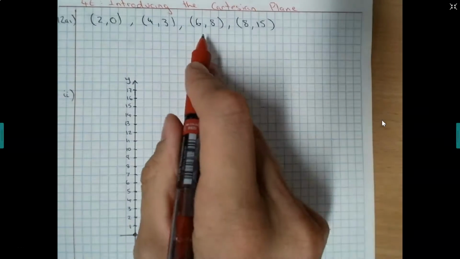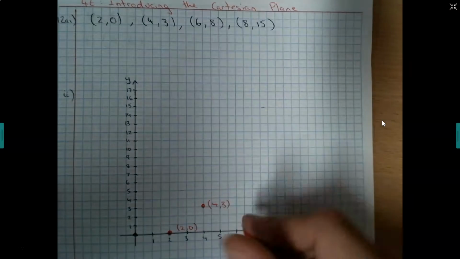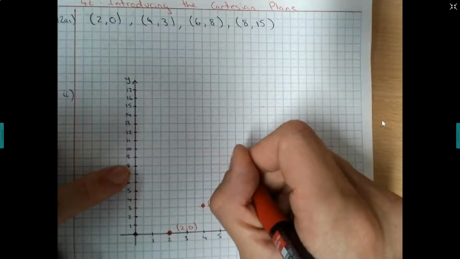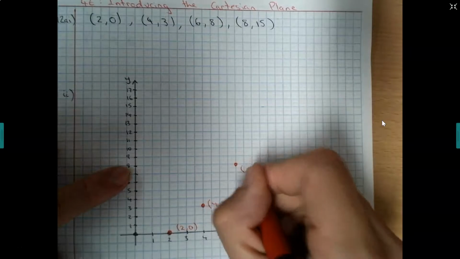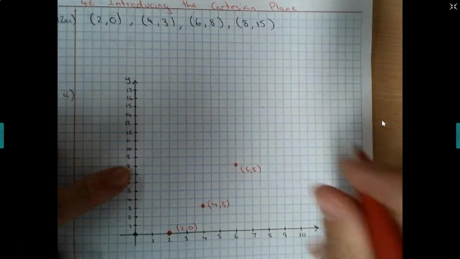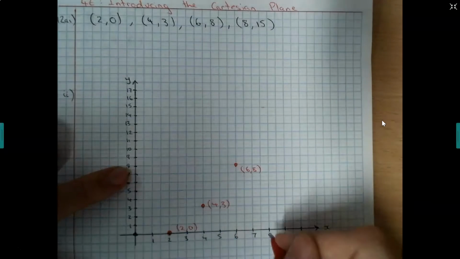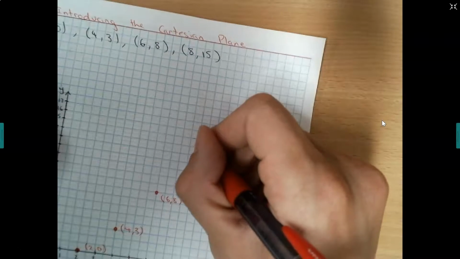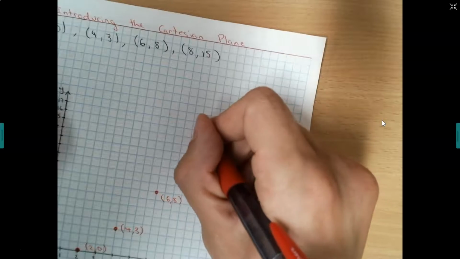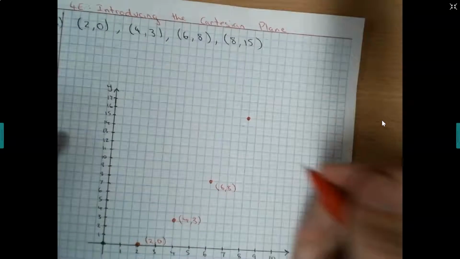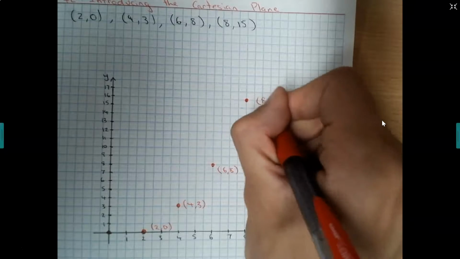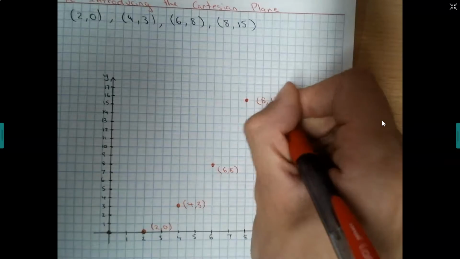And then we have 6, 8, so it comes 6 across and we move 8 up. Again, I'll put my values, 6, 8, and finally we have 8, 15, so we come 8 across and 15 up. And the values there, so I have 8, 15.